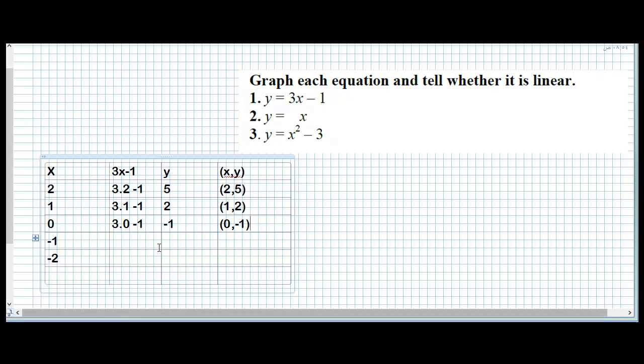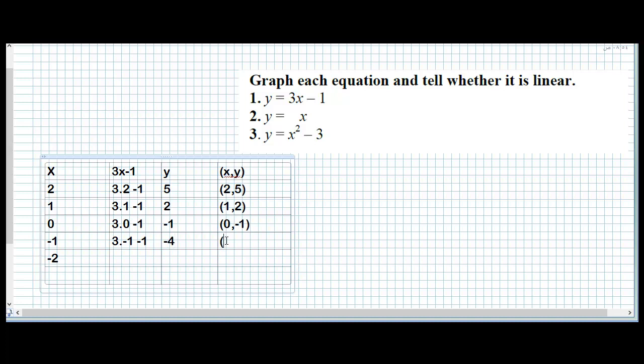Next one, x equals negative 1. 3 multiplied by negative 1 means negative 3, and we have negative 1 from the equation, so negative 3 and negative 1 mean negative 4.